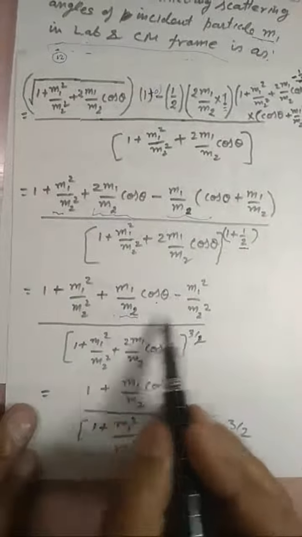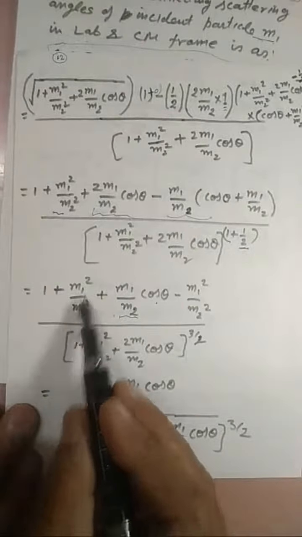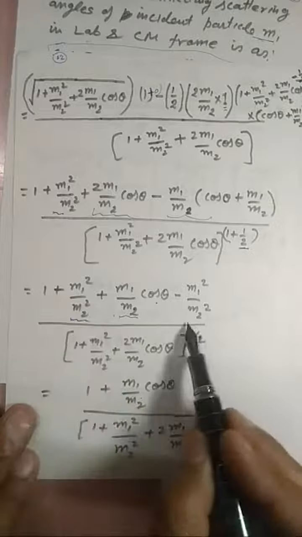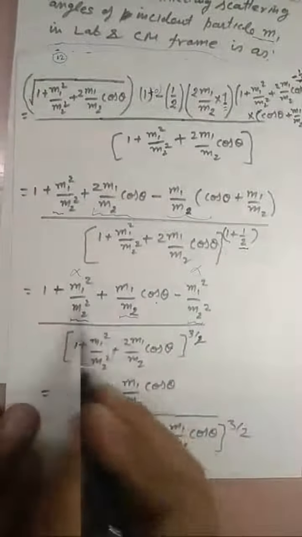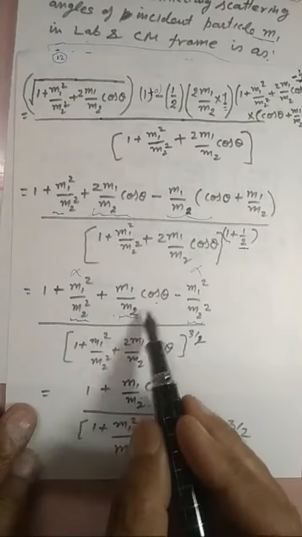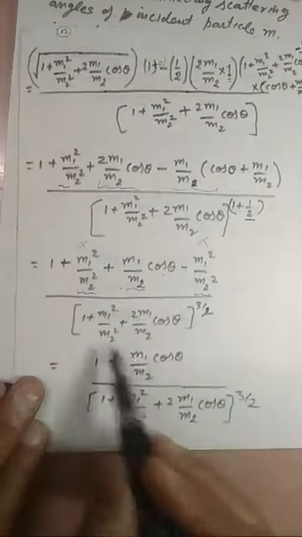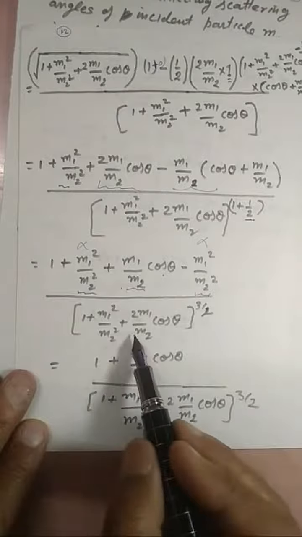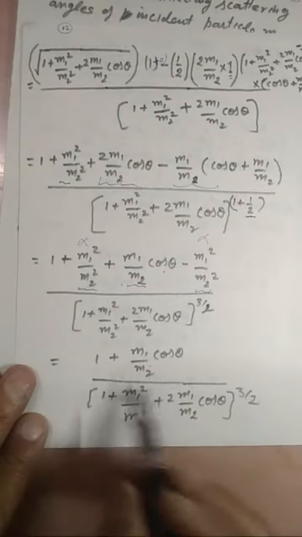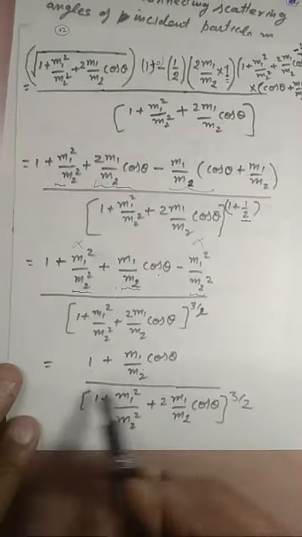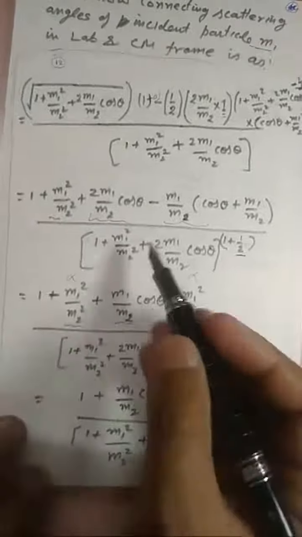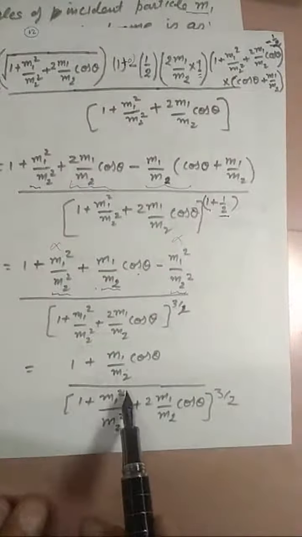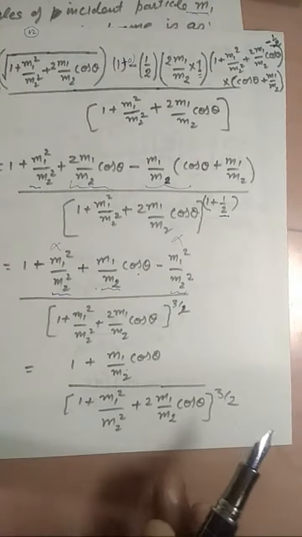Here these both terms are the same, so they will get cancelled. We are left with 1 plus m1 by m2 cos theta, and this term. So finally we got this expression for the differentiation with respect to theta.